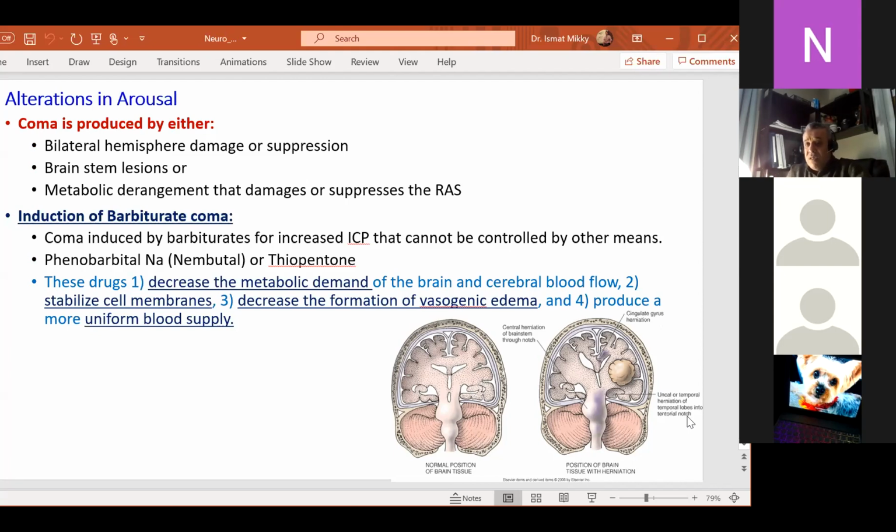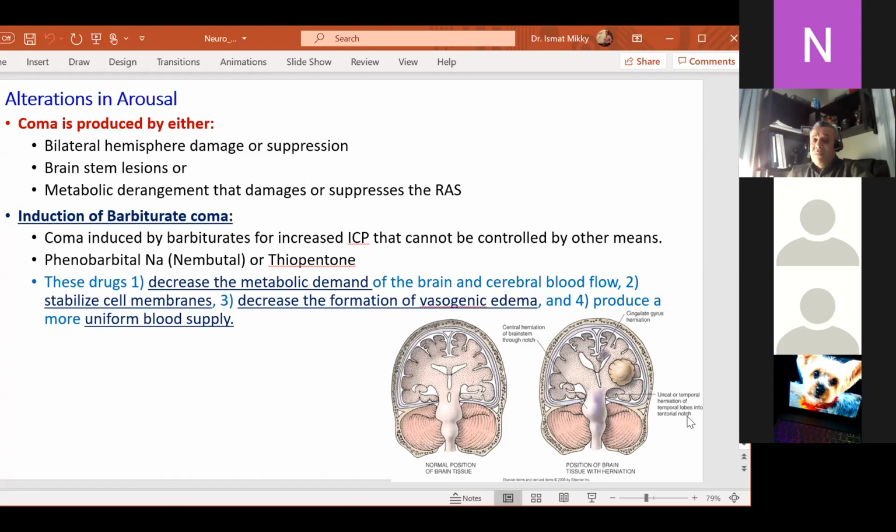There will be a decreased metabolic demand from the brain cells, stabilized cell membranes of brain cells, and we can decrease the possibility of vasogenic edema, which we'll explain in a few minutes.